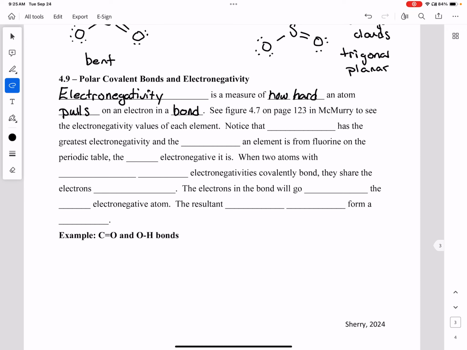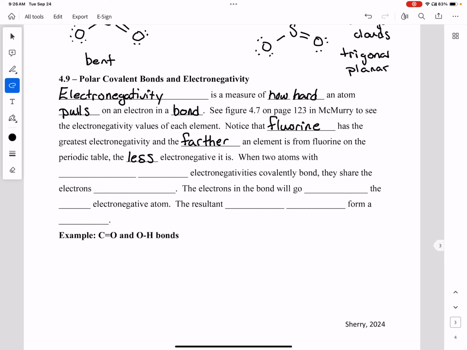Please see figure 4.7 on page 123 of McMurray, and you can see that each element has its own electronegativity value, and that there are trends based on the placements on the periodic table. Notice that fluorine has the greatest electronegativity value, and that the farther an element is from fluorine, the less electronegative it is.